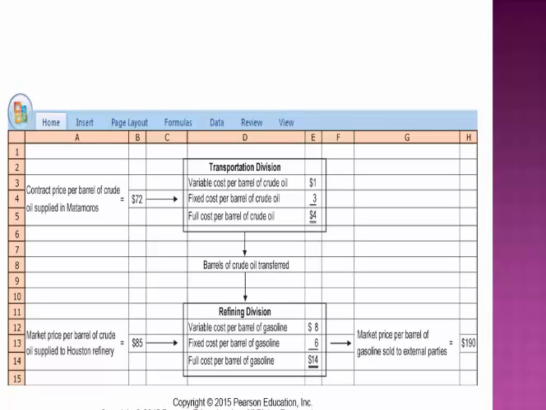For right now, I'm going to show you guys the basic calculations for transfer pricing, and for the moment, we are going to ignore the tax implications. But I can assure you, there's another video after this one that's going to go into what happens when you bring in the tax effects on these two divisions. What if the rate in the United States is greater than the rate in Mexico?